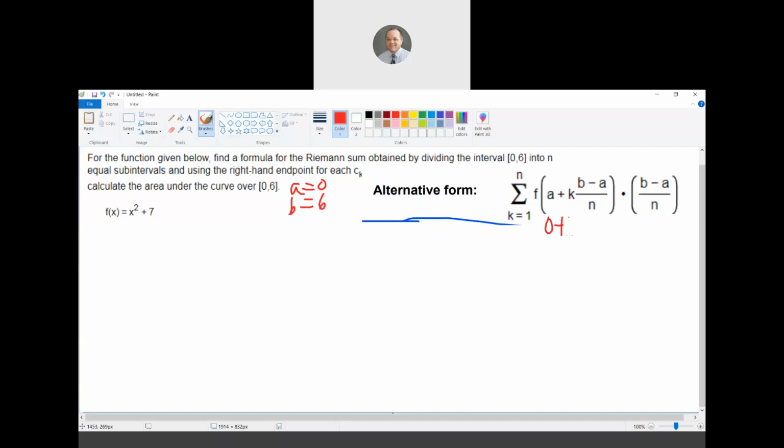So we have f of 0 plus k times 6 minus 0 over n. Keep in mind the f part means that we're going to plug what's in the parentheses into our original function, times b minus a, or 6 minus 0, all over n.